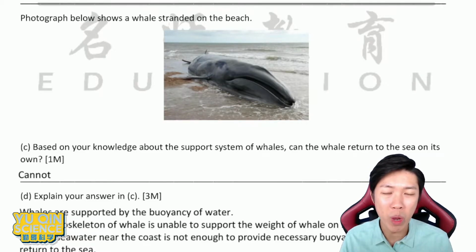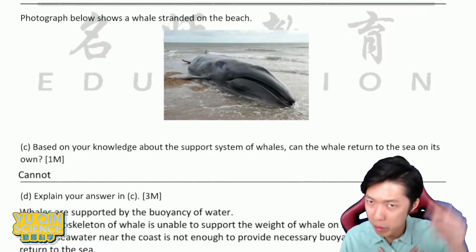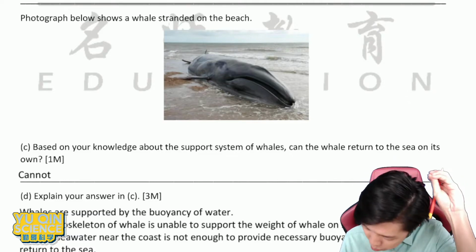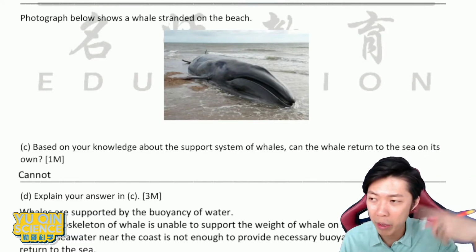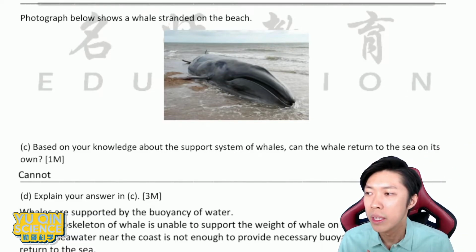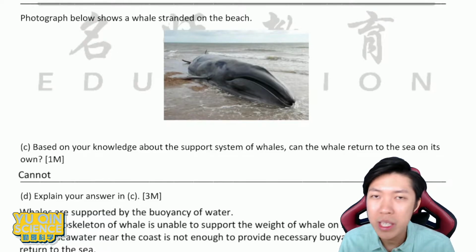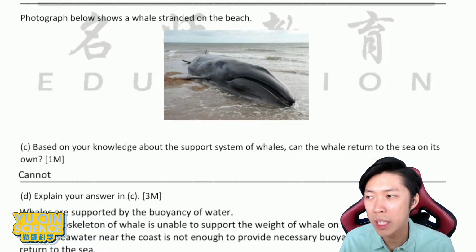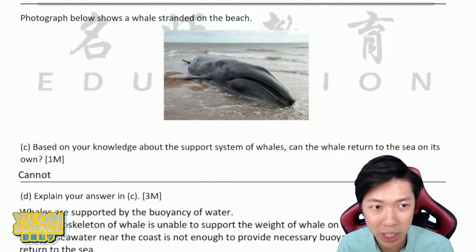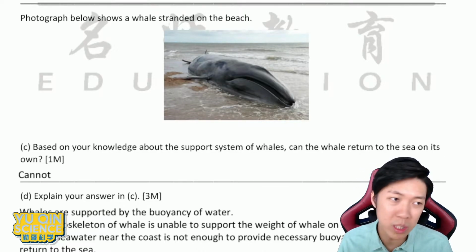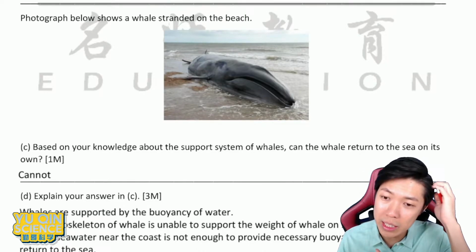You know, whales are mammals, right? They breathe through lungs, right? That's how they breathe. The reason they die is actually because their body weight crushes their own bones and organs and whatnot.